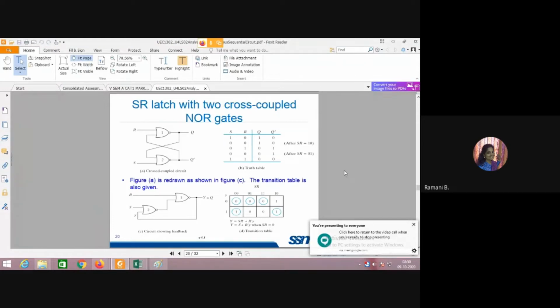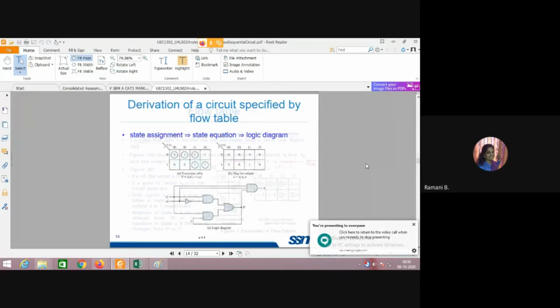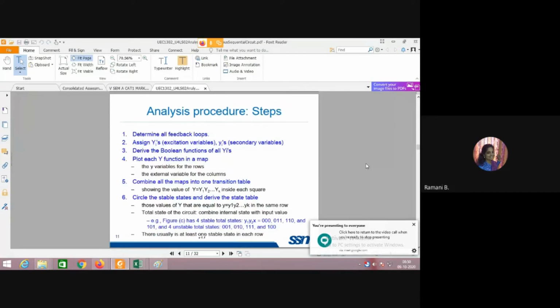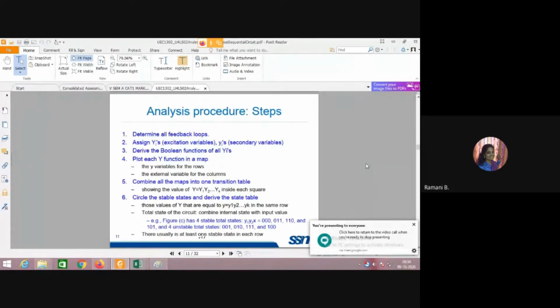Okay, so last class we were seeing the analysis of asynchronous sequential circuit. There we saw what is meant by asynchronous sequential circuit, and the difference between asynchronous and synchronous sequential circuit. Then we went through the analysis procedure.